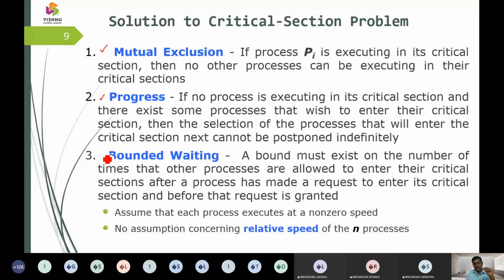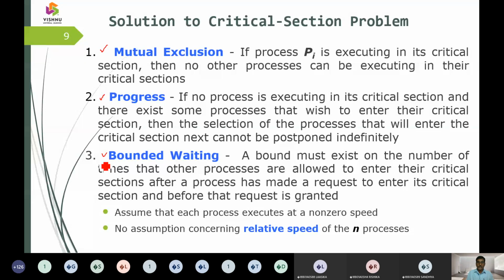So these are the three solutions which are given to the critical section because the shared items are available. So these shared items have to be protected. For that, they propose three solutions. The first solution was mutual exclusion, second was progress, and third was bounded waiting. Okay, now what is mutual exclusion?